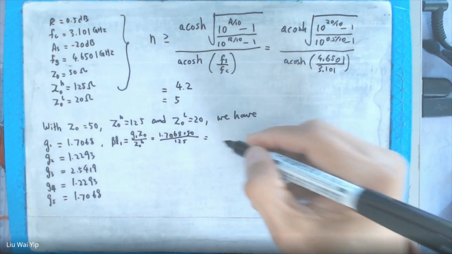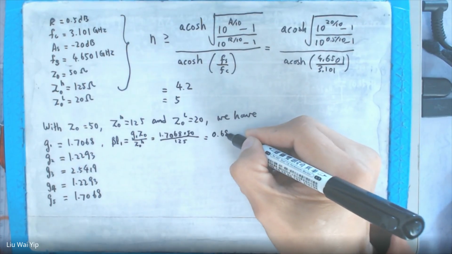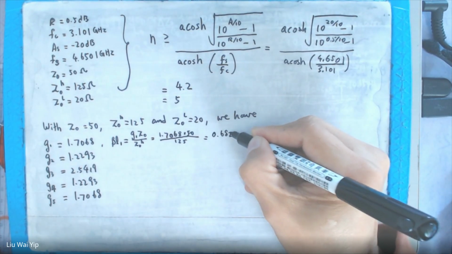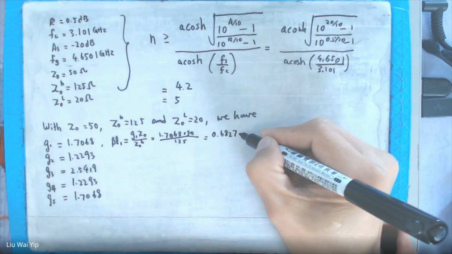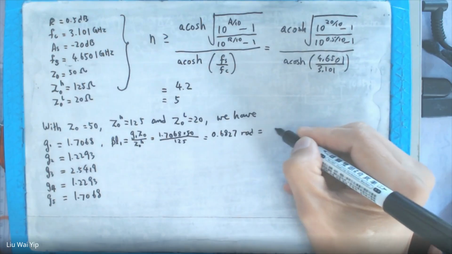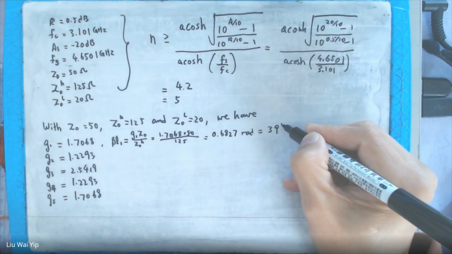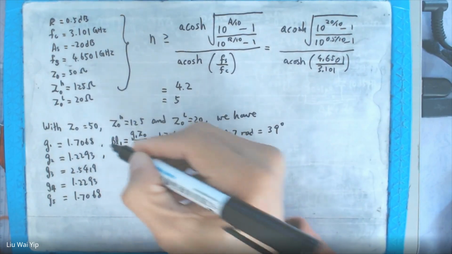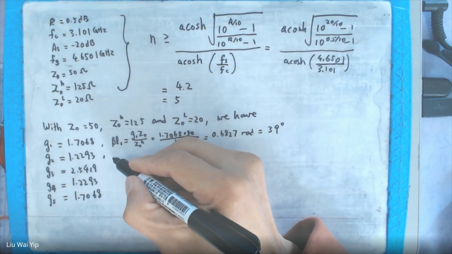So you will get 0.6827 in radian. And if you translate it into degrees, this should give you 39 degrees. And similarly, you can continue with the rest of the process.